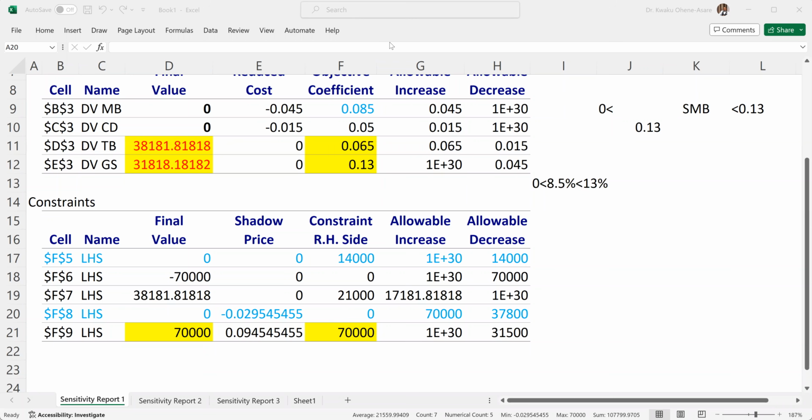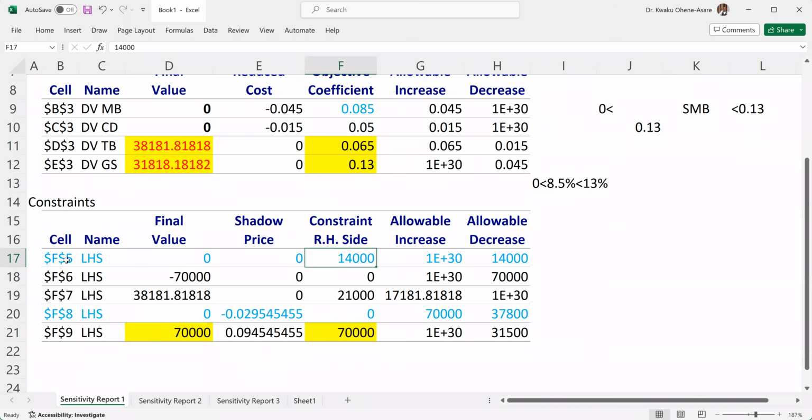Eric. Well, none of the 2. None of the 2 is the right answer. Explain to them. Because the shadow price for diversification... Sorry?